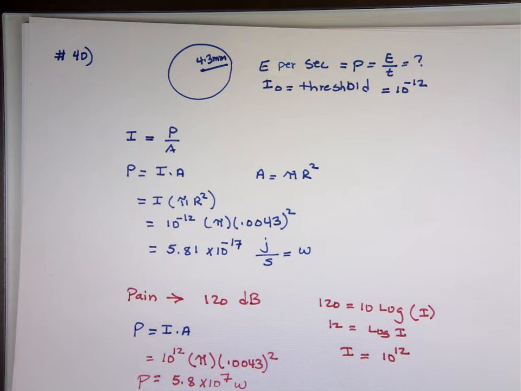It looks like they want the answer in watts. They don't want it in decibels. 5.8 times 10 to the power of, we said 7?